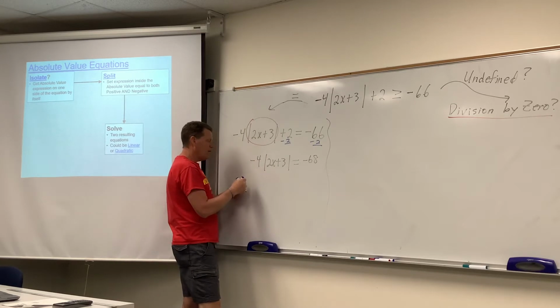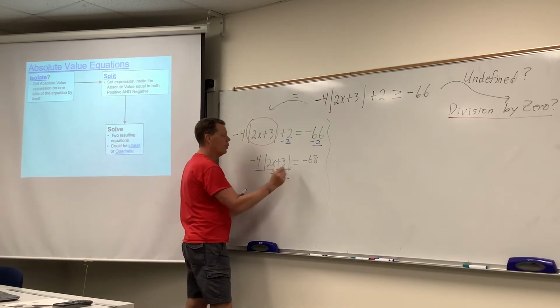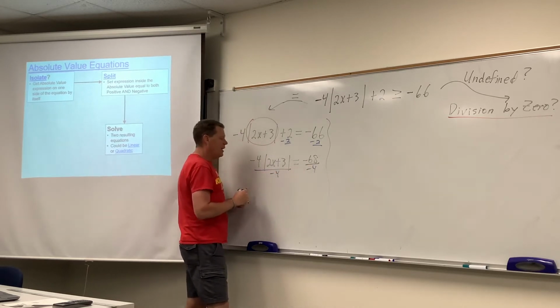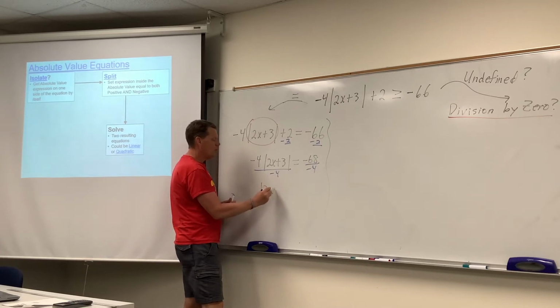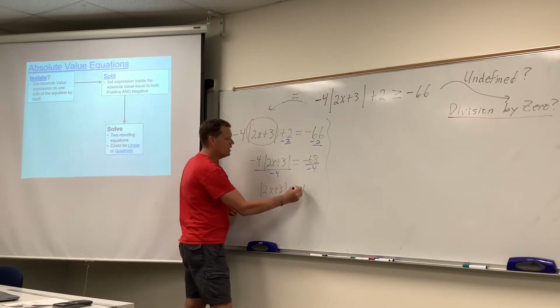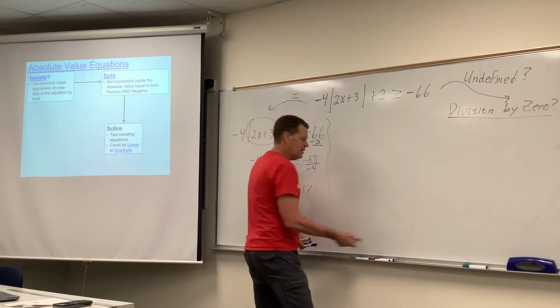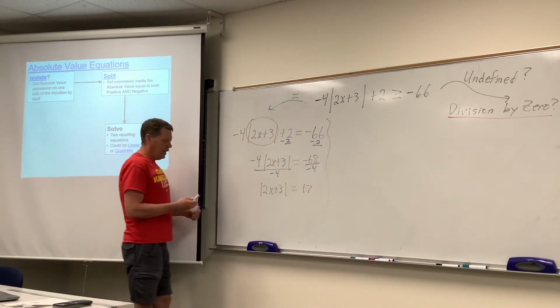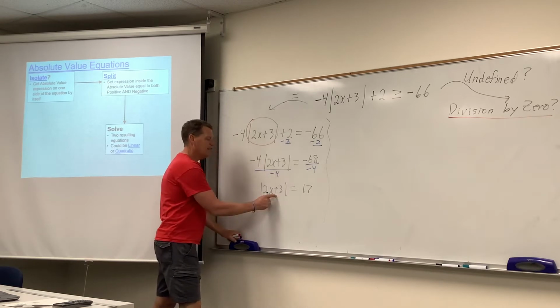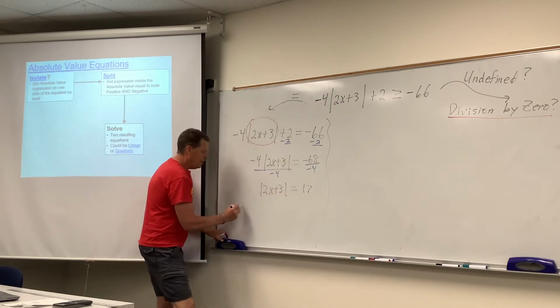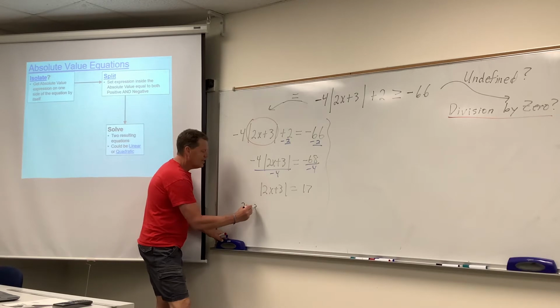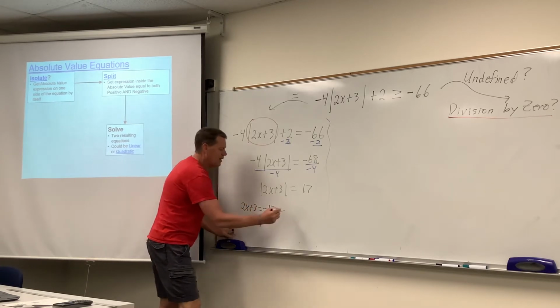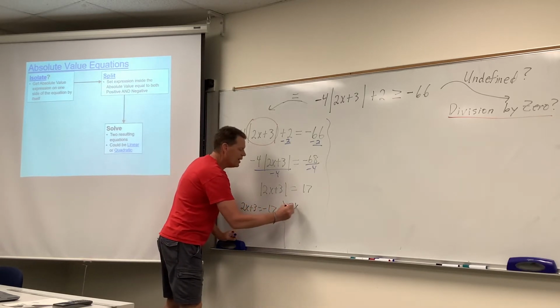And then I hope you would agree we need to get rid of that -4 with division, and we're left with the absolute value equals 17. All right, so that's isolating the absolute value. Then you recall, hopefully, that there are two numbers that have an absolute value of 17. One of those is -17, and the other one is +17.